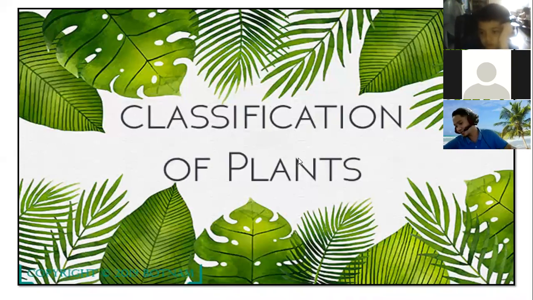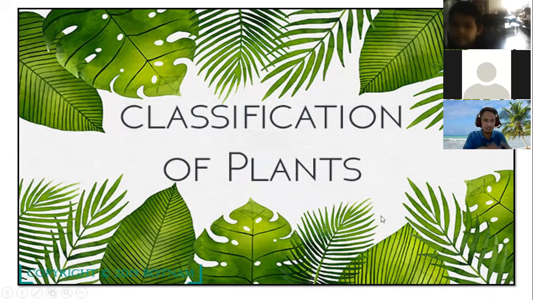Now, classification. How can we classify the plants? For example, which plant belongs to this one? Classification.